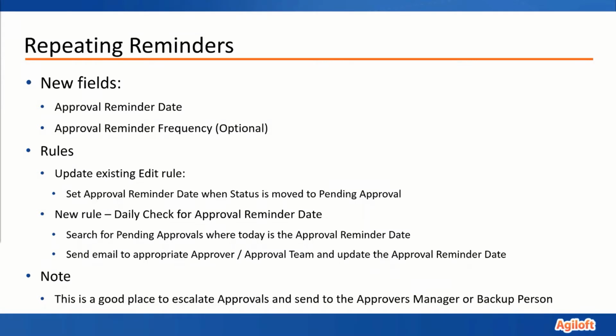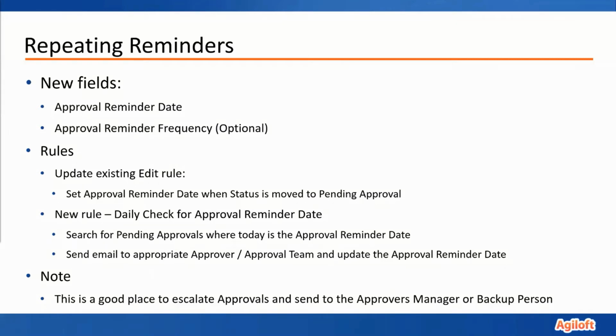If you would like to use the approval reminder frequency field that we were talking about earlier, then use that variable instead of the hard-coded number. Now our approval reminder dates will be set whenever the contract moves to the pending approval status.